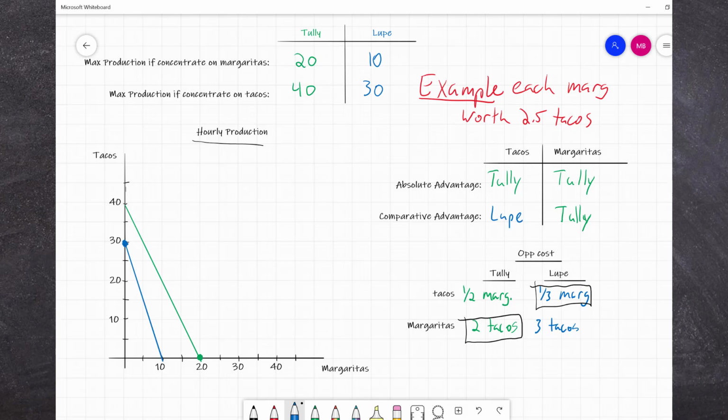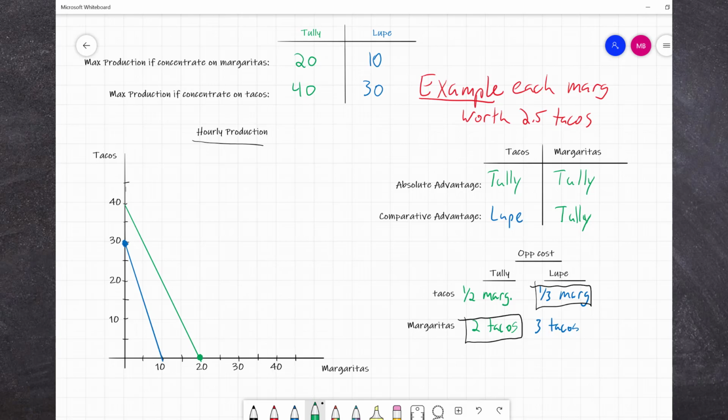Now let's say Tully trades 10 of his margaritas to Lupe for 25 of her tacos. So each margarita is worth 2.5 tacos, and that's within the range of our terms of trade that each person would be willing to accept. If they did this, Tully would end up with 10 margaritas and 25 tacos.